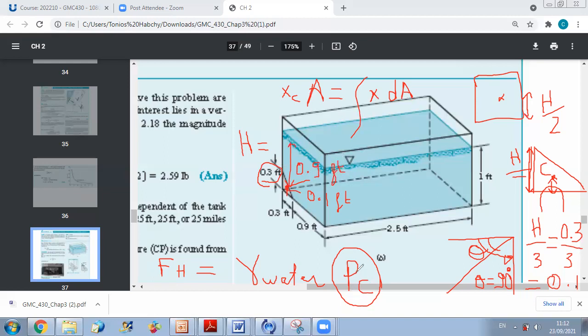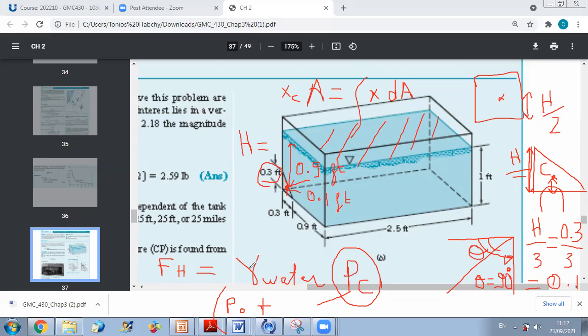Then the pressure at the centroid can be replaced by the atmospheric pressure, or P0, which is the pressure at the surface. When they don't mention anything, you can consider that it is negligible. Whenever it's exposed to the atmosphere, you can consider that P0 can be neglected compared to the pressure created by the column of water.